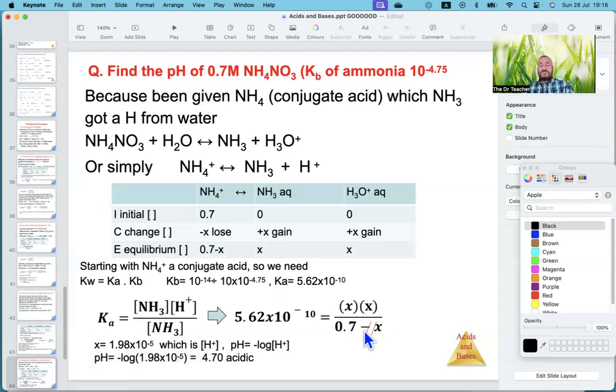Now you ignore the minus x, so 0.7 and x will give you the concentration of H. And now pH is minus logarithm of H. You just put it down and you will end up with 4.7, which is an acidic solution.